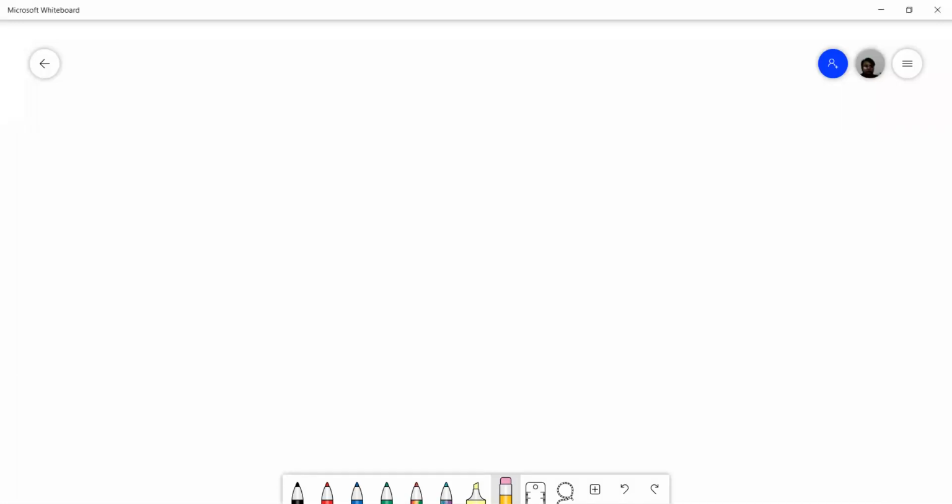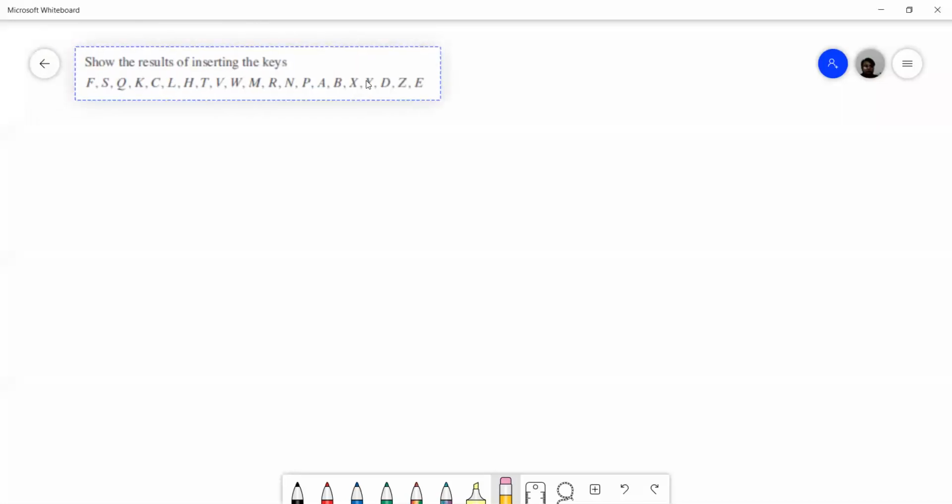So this is the example. These are the keys given, and suppose we have to insert them into a B tree with minimum degree t equal to 3.